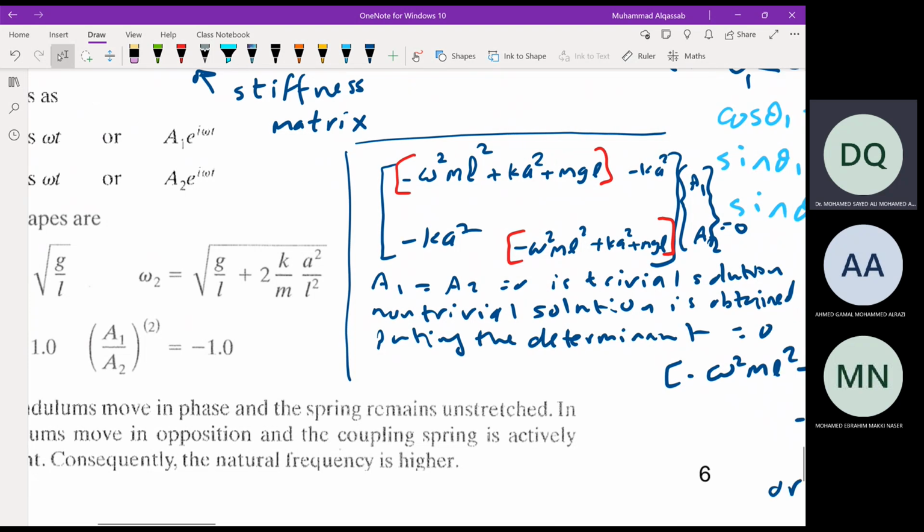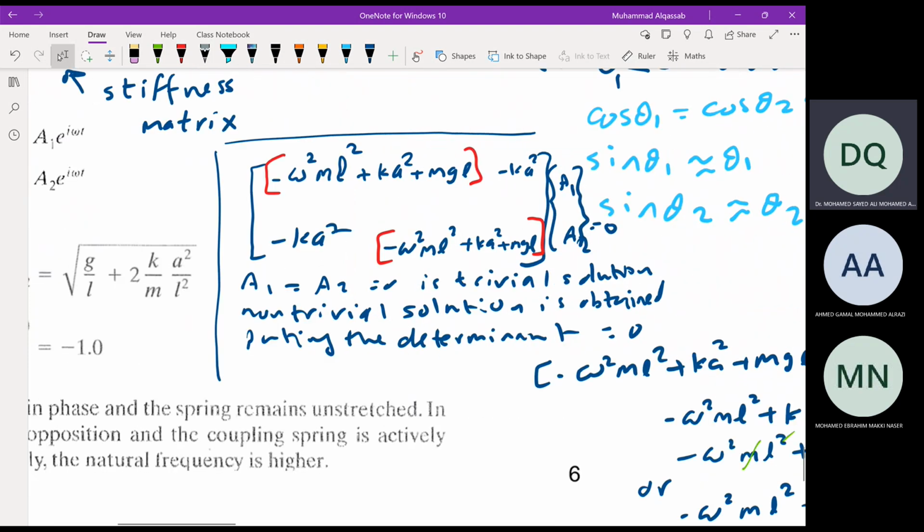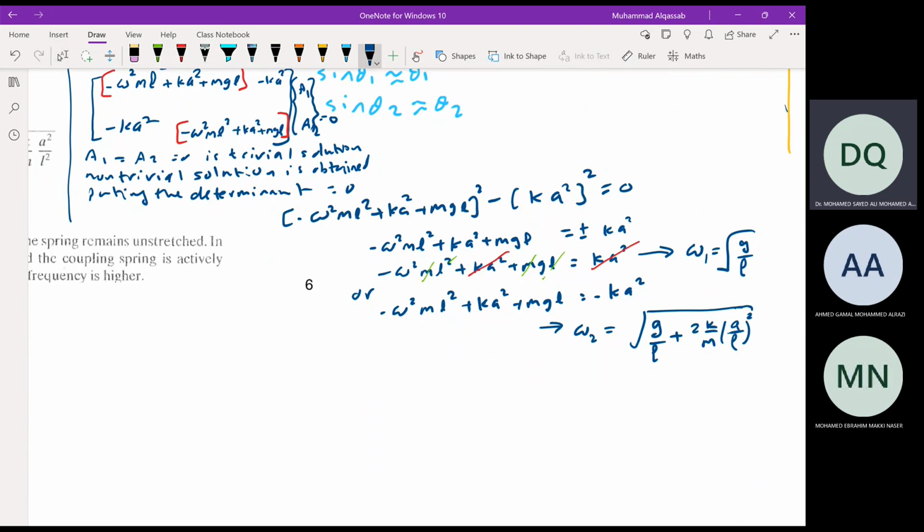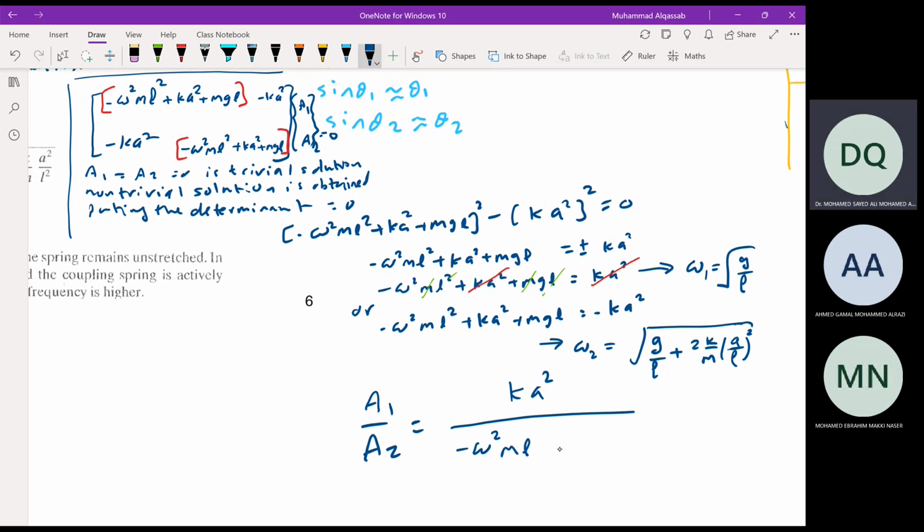The amplitude ratio equation can be obtained from the first equation or the second equation. So A1 over A2 equals Ka squared divided by minus omega squared mL squared plus Ka squared plus mgL.